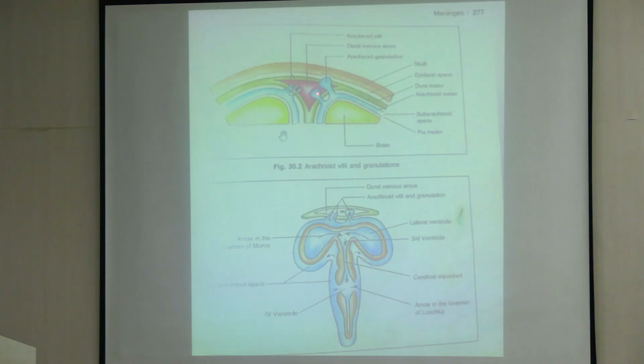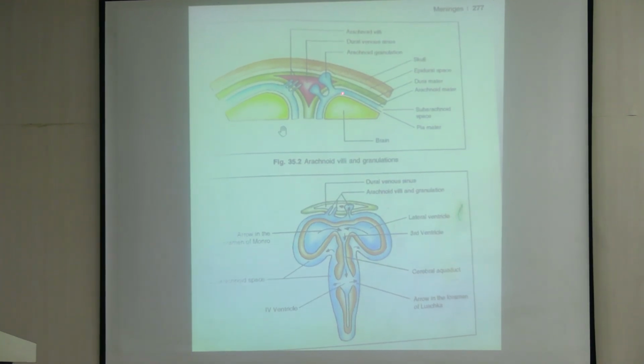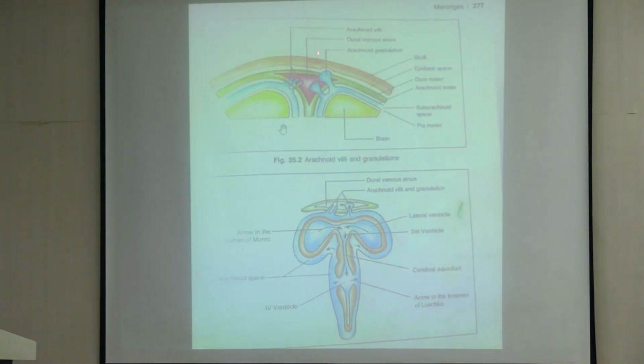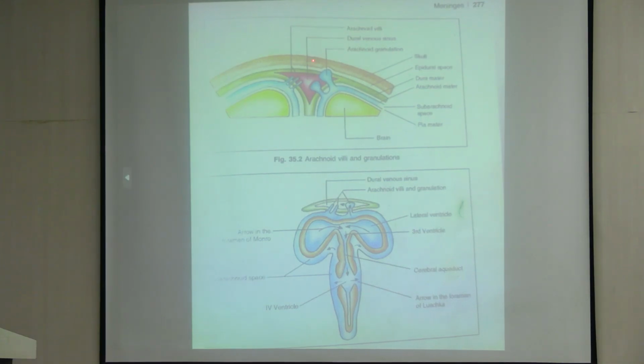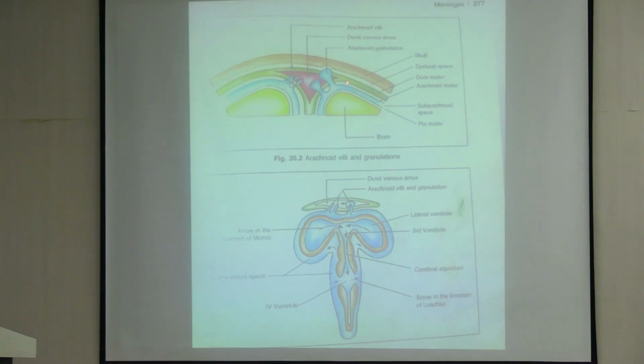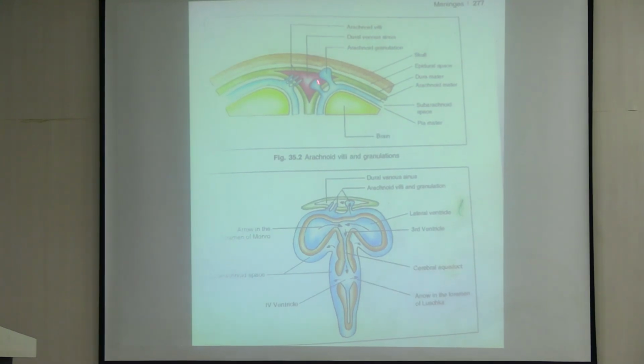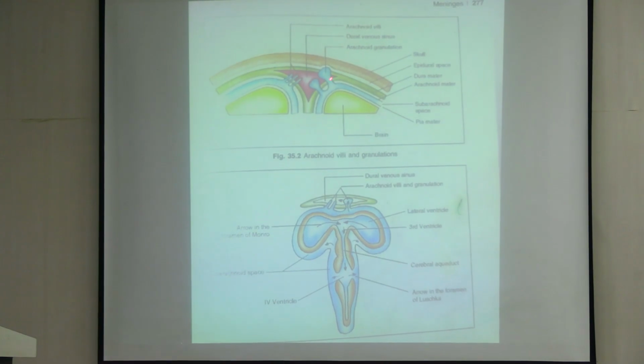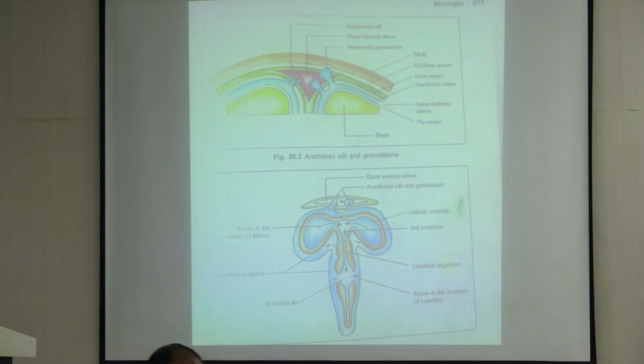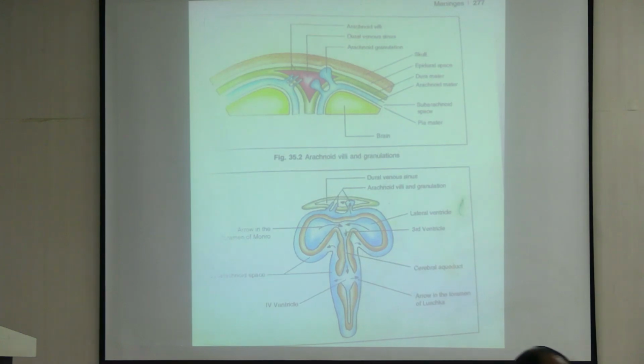One layer that lies in contact with the bone is called the endosteal layer, and deep to the endosteal layer, this layer is known as the meningeal layer. So here they have been separated and form a space known as dural venous sinus.